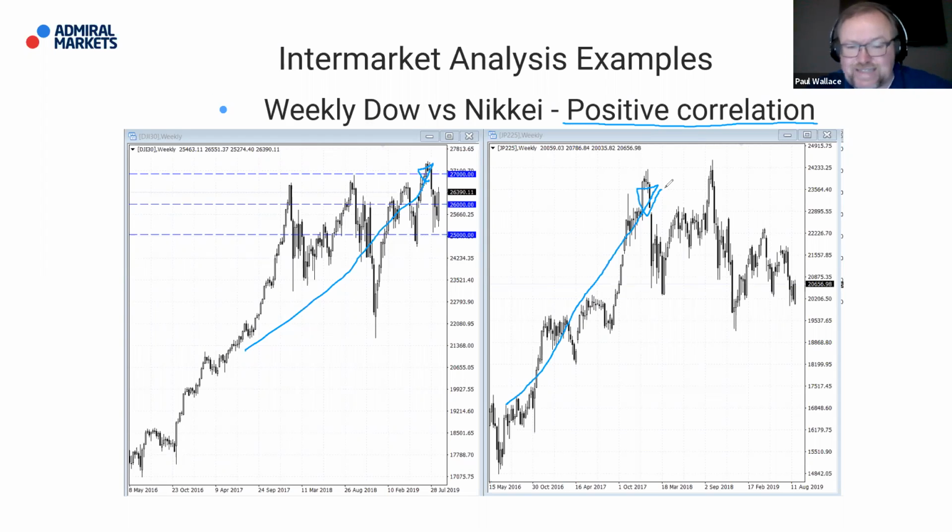When they're all moving together nicely in an uptrend, that gives us warm and fuzzy feelings about how happy we are in our long positions in indexes. But if you see breakdowns in the correlations, that starts to get me a little bit nervous. It starts to get me a little bit worried about what might be happening and what kind of changes are afoot.